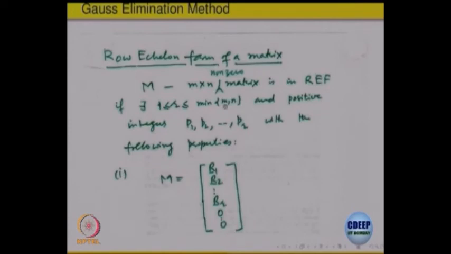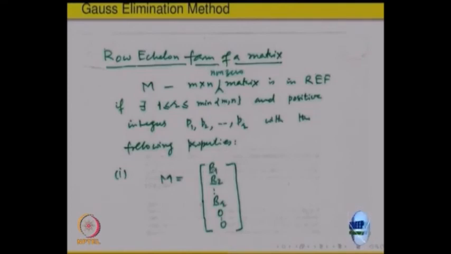So, R also has to be less than or equal to the number of columns. Is it clear? That is why this condition is put, R should be between 1 and the minimum of M and n. If it is a 3 cross 2 matrix, this number R cannot be more than 2, that means it cannot be 3, it has to be 1 or 2 only.